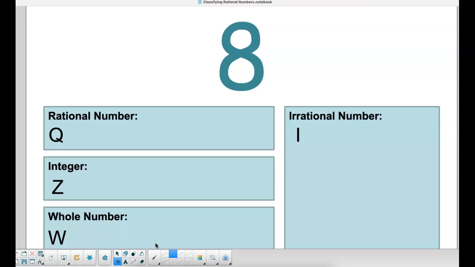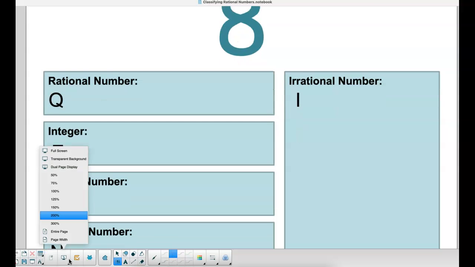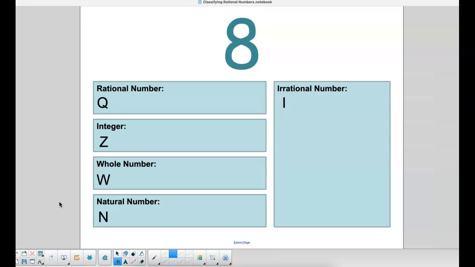8. Okay, so I want you to write it in all the categories that you think it belongs. So I would start at the bottom. Can you count to 8? 1, 2, 3, 4, 5, 6, 7, 8, yes.